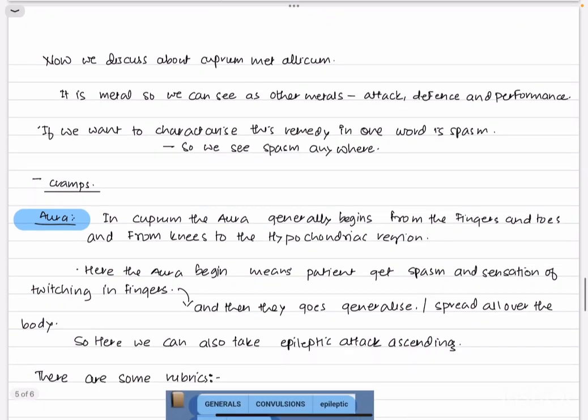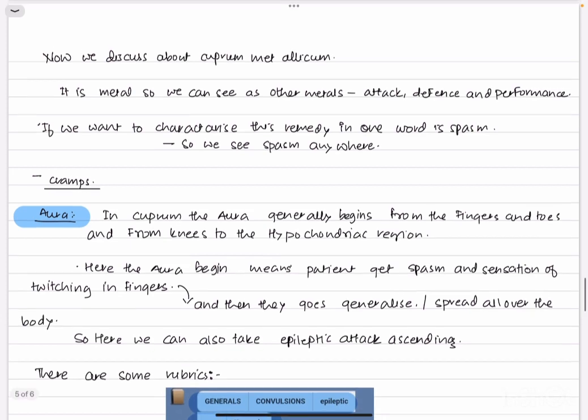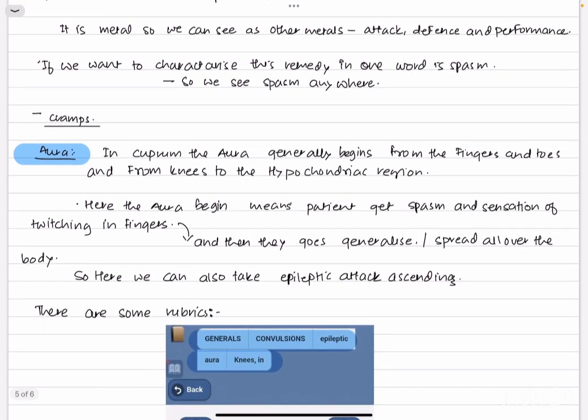So Cuprum met, Zincum metallicum, these are the characteristic of metal. Generally the aura of this remedy starts from the lower extremities, from the periphery, and the major site of the aura begins from the knees.